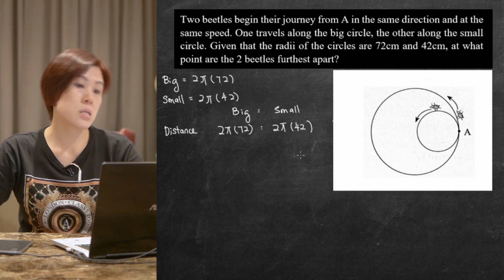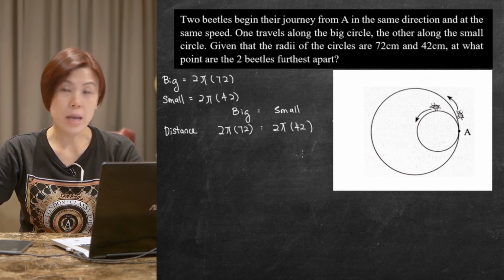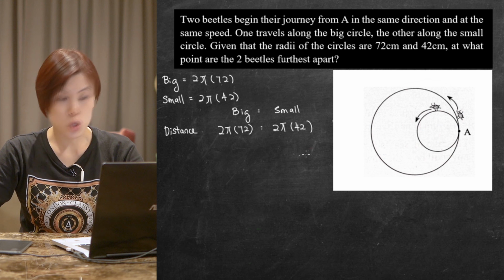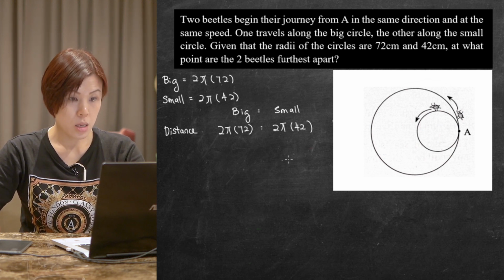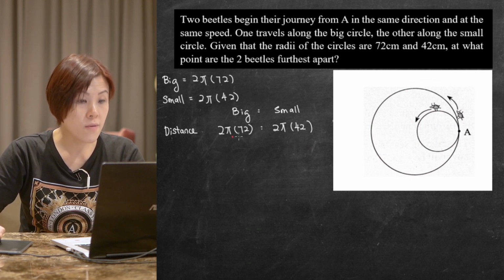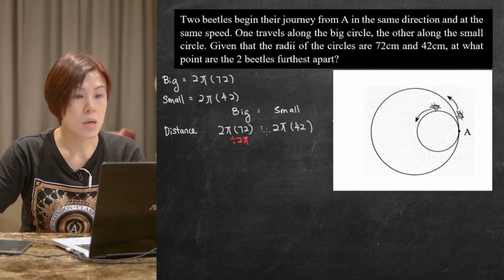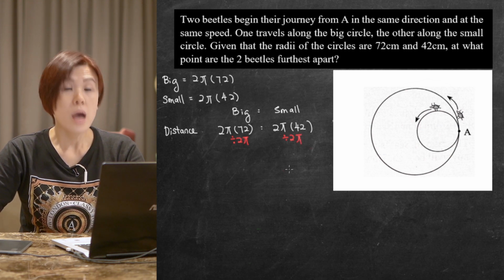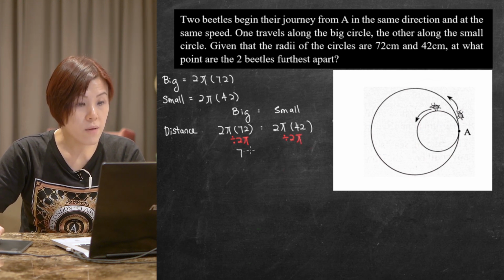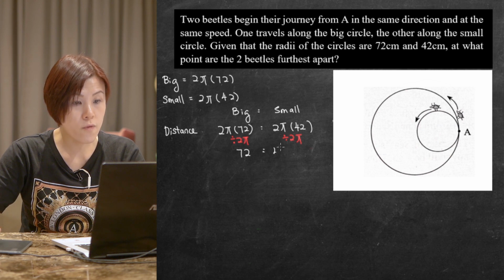As you can see, this ratio can be simplified as both have the common factor 2 pi. So I'm going to divide both sides by 2 pi. Then we will have 72 is to 42.